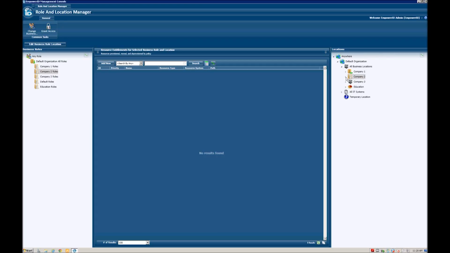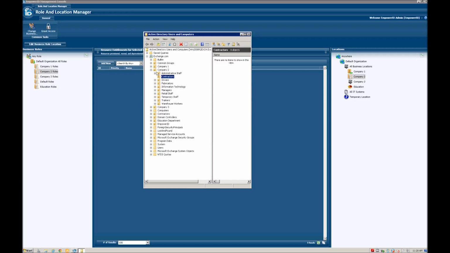Now, let's take a look at the Active Directory associated with this company as well. So here's our company 2 Active Directory, and you'll notice that everything that they do as far as their Active Directory OUs are concerned are based on the job role.